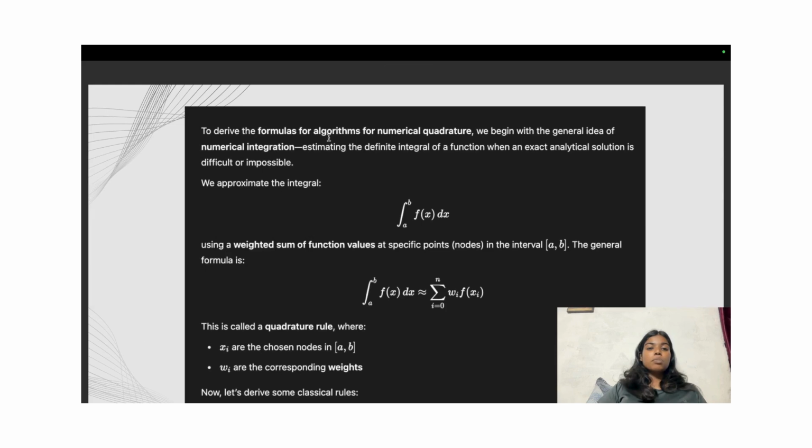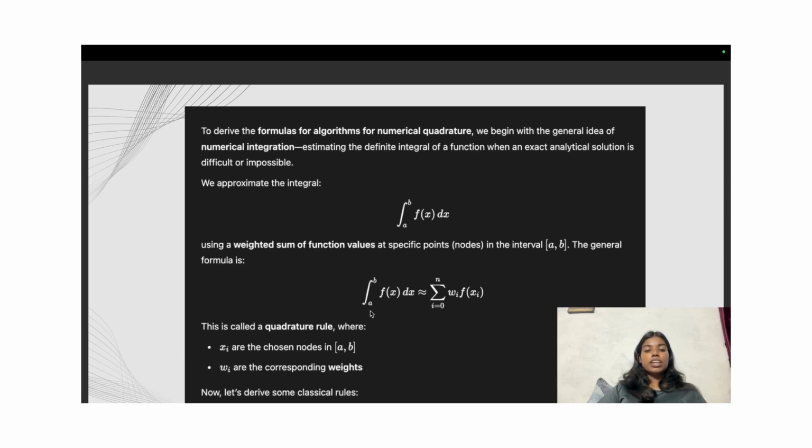To derive the formulas for algorithms for numerical quadrature, we begin with the general idea of numerical integration: estimating the definite integral of a function when an exact analytical solution is difficult or impossible. We approximate the integral from a to b of f(x) dx using a weighted sum of function values at specified points in the interval [a,b].